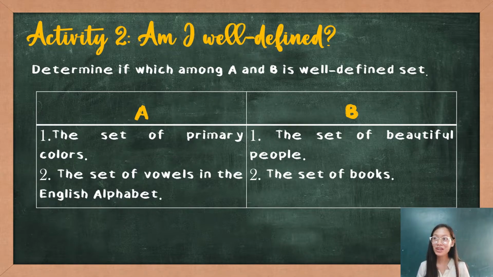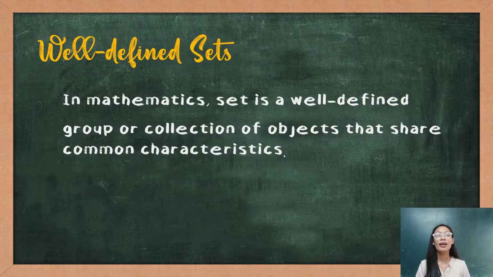But if you just say set of books, it is not that well defined. In mathematics, a set is a well-defined group or collection of objects that share a common characteristic.